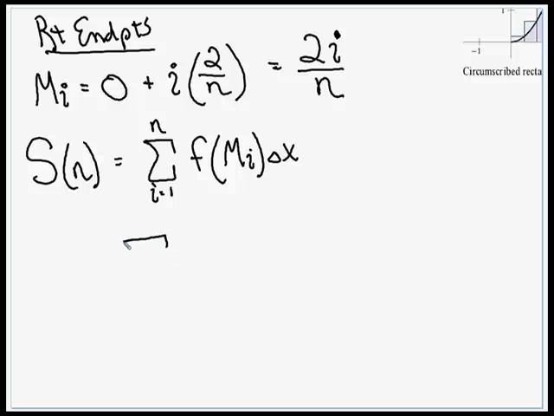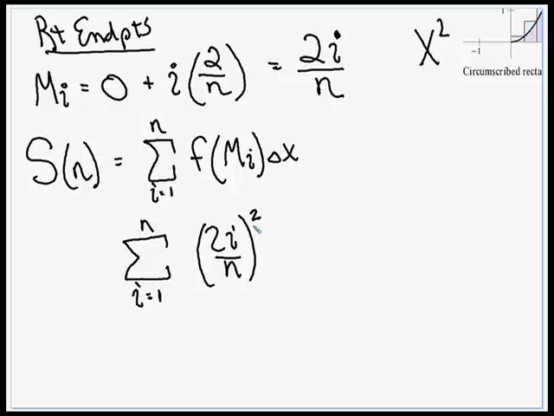And in this part of the problem, that's our summation from i equals 1 to n. Remember, our function is just x squared. So we're going to take that 2i over n, and square it, and multiply that by delta x. The width of the rectangle is 2 over n.